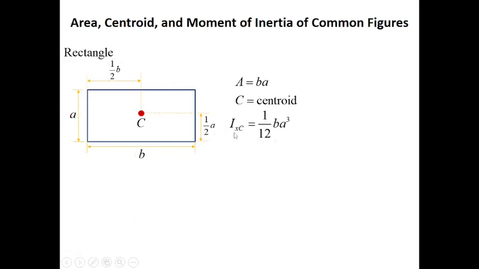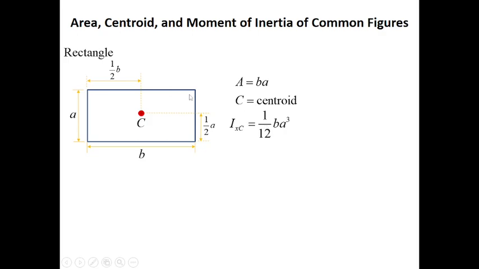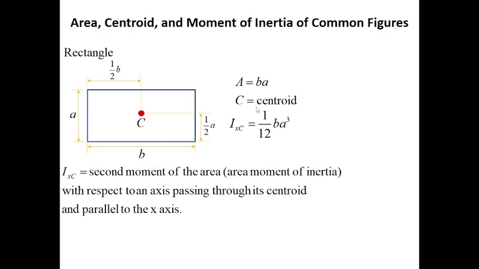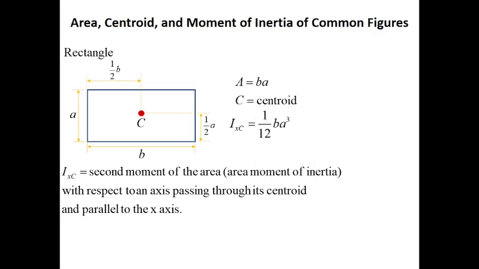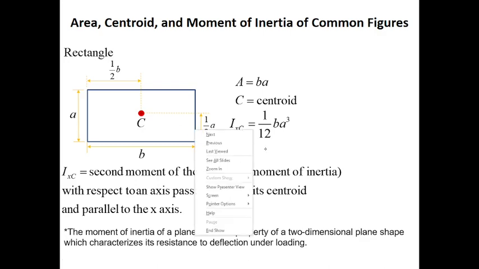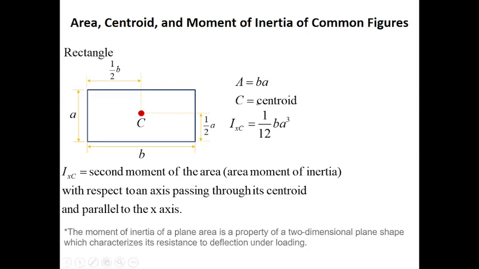Now, we have what we call the moment of inertia. So this is the formula for moment of inertia, okay? If our figure is a rectangle, the moment of inertia formula for the rectangle is this one, IXC.